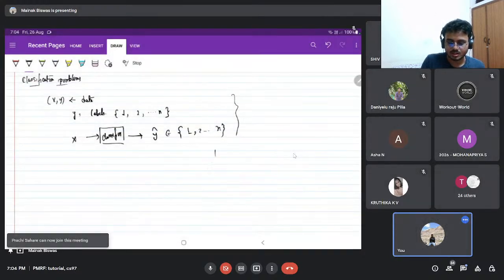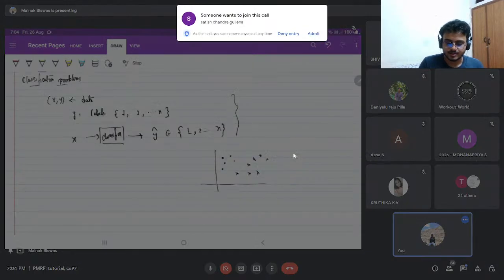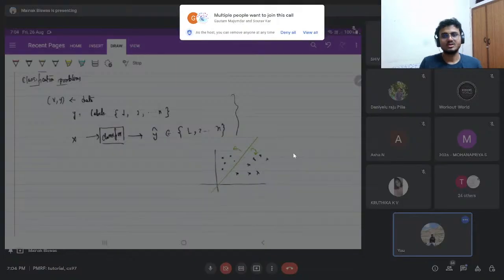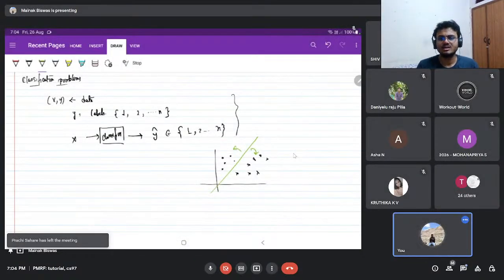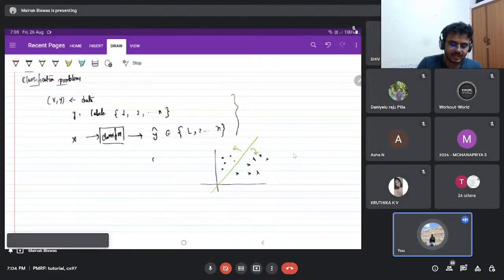Anyways, think of this as points in your plane, and you're told to find a classifier. One thing you could do is draw a line like this to separate these examples from these. So this is basically the idea of a general classifier. Today we'll only be dealing with linear classifiers.